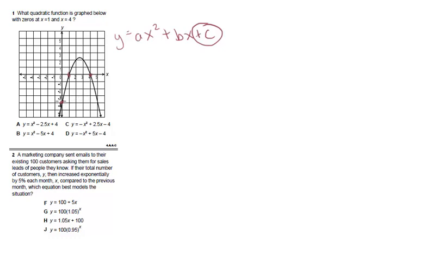Looking at our graph, the y-intercept is negative 4, so that would be C or D. I can automatically cross out A and B. So really the best way to do this is to graph it in your graphing calculator, and if you do that, you will have an answer of D.